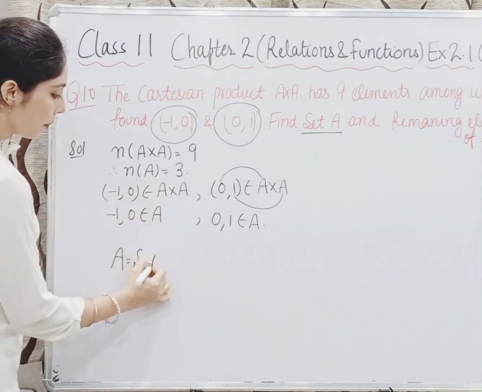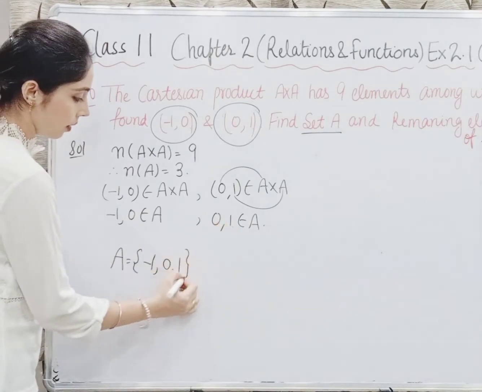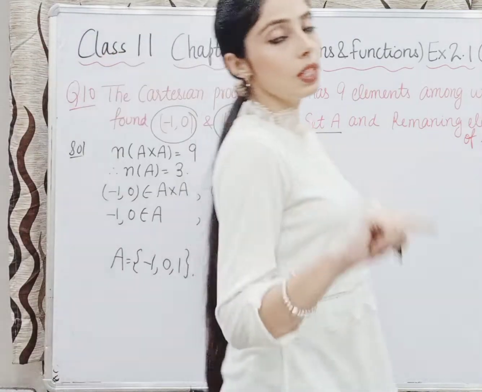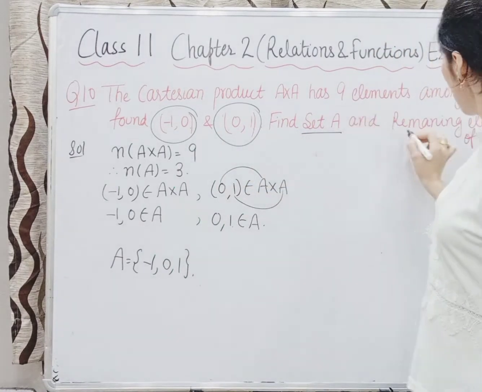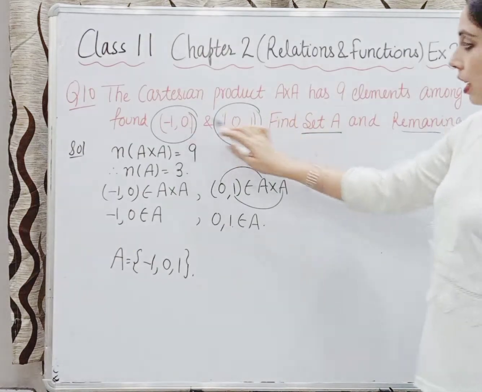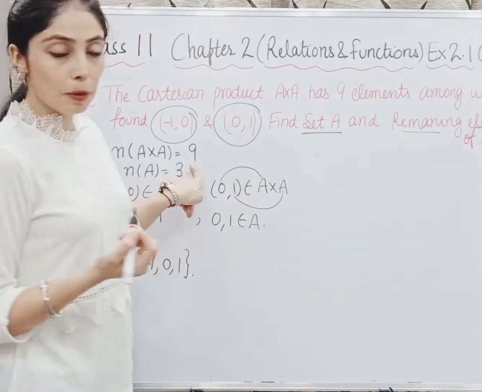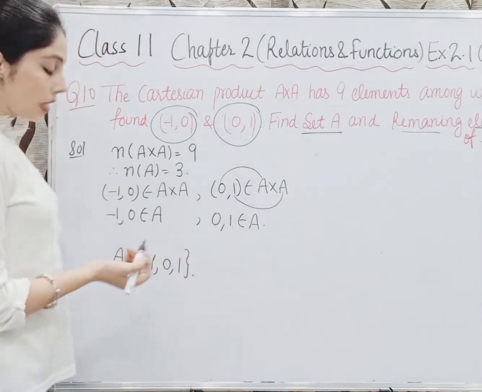These are -1, 0 and 1. So we can easily find there are three numbers in A which are -1, 0 and 1. Next we have to find the remaining elements of A cross A. Two elements are given. We have to find the remaining 7 elements. Okay, total 9 elements are there.